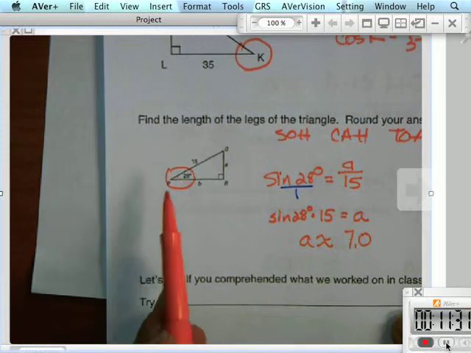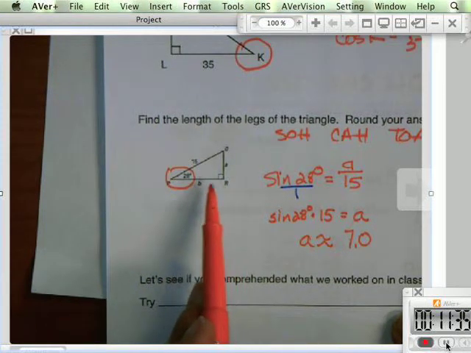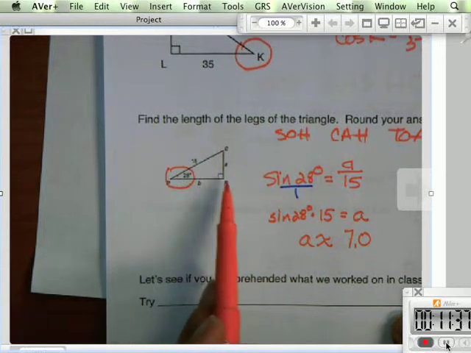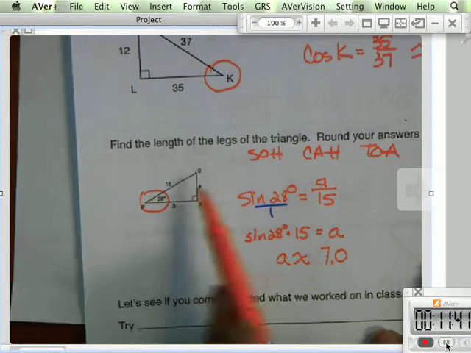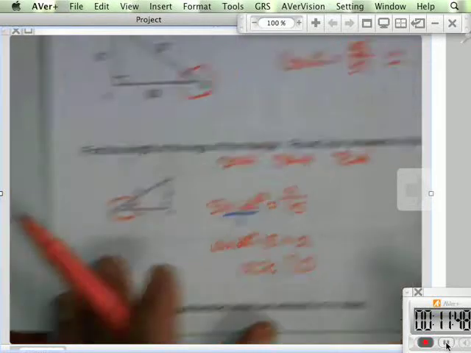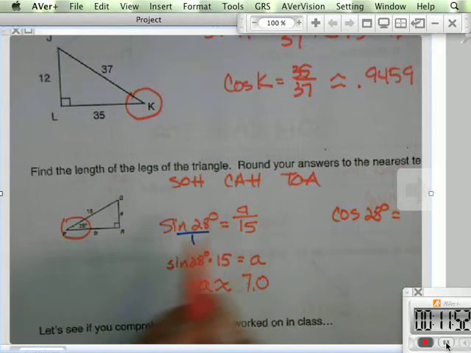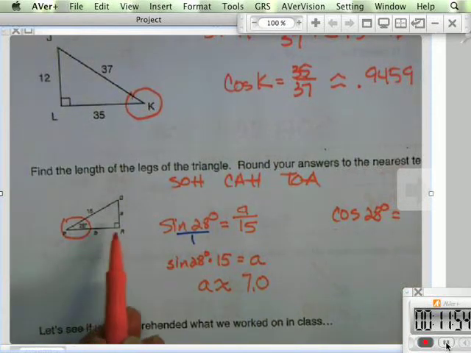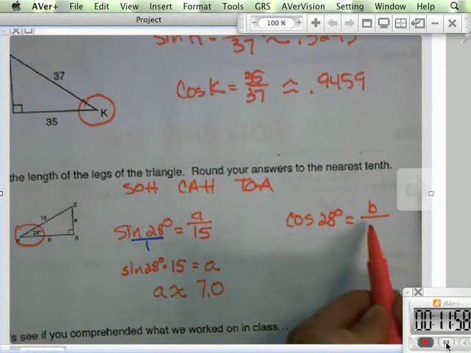All right. Here's the angle they gave me. This is called the what leg? Starts with an A. The adjacent leg, and they gave me the hypotenuse. So I have adjacent and hypotenuse. Which one should I use? Cosine. So I'm going to write the cosine of 28 degrees equals the adjacent, which I don't know, B, over the hypotenuse, which is 15.